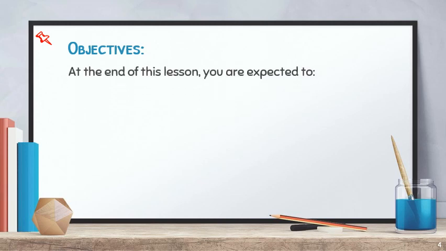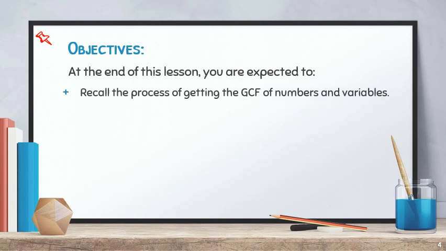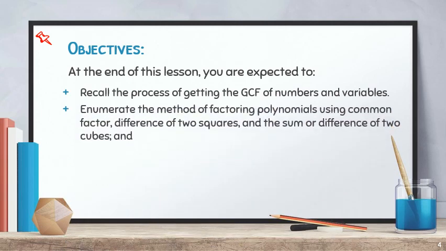At the end of this lesson or video, you are expected to recall the process of getting the GCF of numbers and variables, enumerate the methods of factoring polynomials using common factor, difference of two squares, and the sum or difference of two cubes.